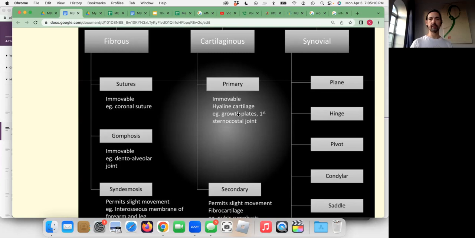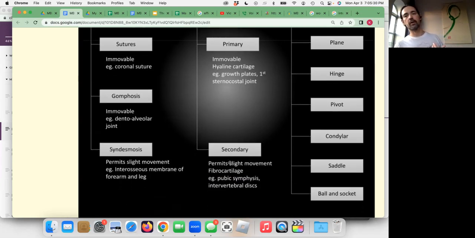That's actually a cartilaginous area that allows cells there to multiply so the bone can expand. And then the sternocostal joints. So the joints between the sternum and the costal cartilage, and in my opinion, also between the costal cartilage and the ribs.